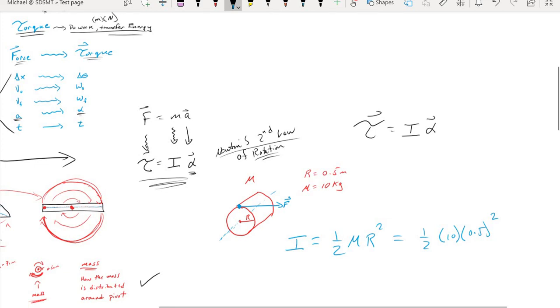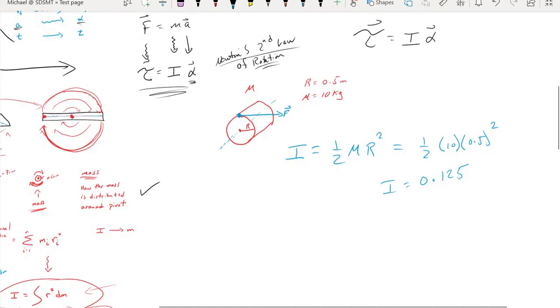The radius squared is going to be 0.25 times 10 is 2.5, and 1/2 is going to bring that to 0.125. Double check my work here on my calculator. Oops, got my decimal in the wrong spot. It should be 1.25.